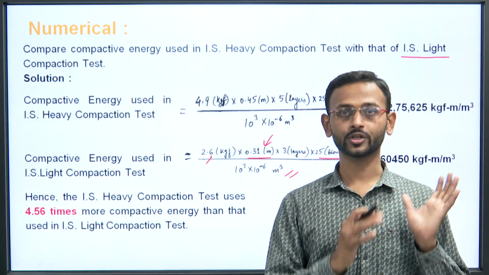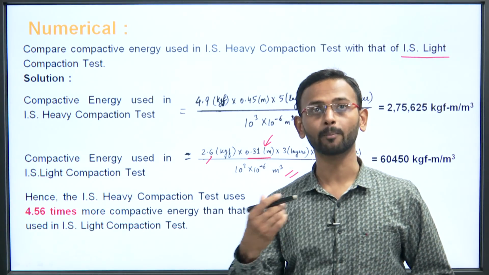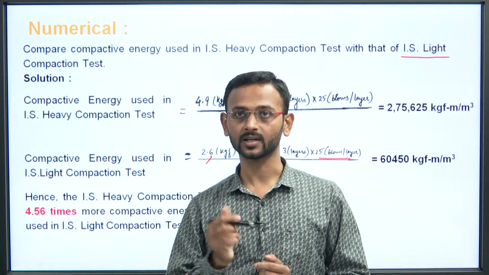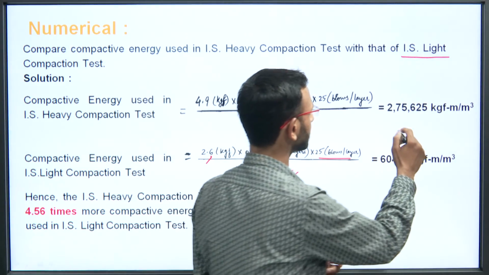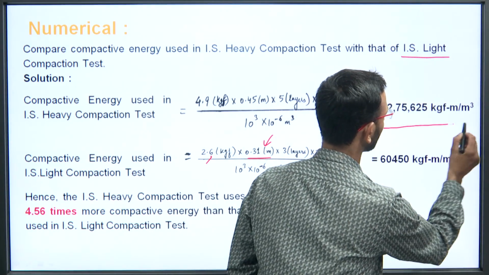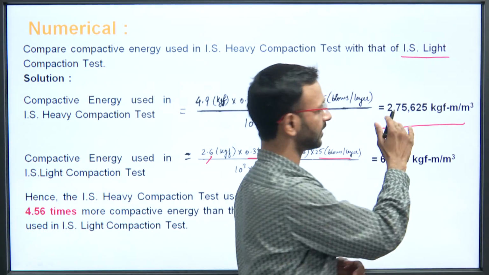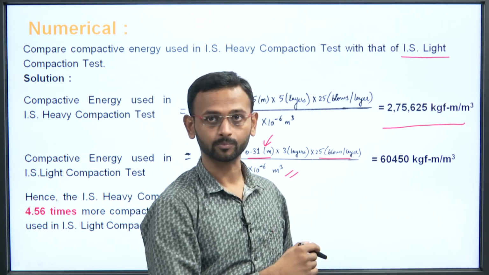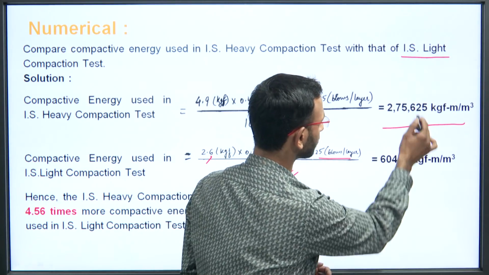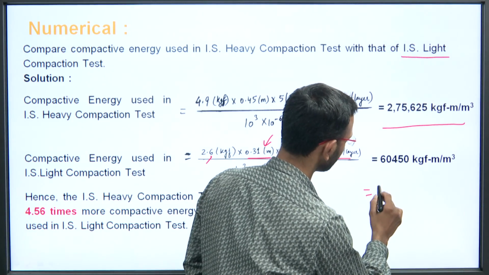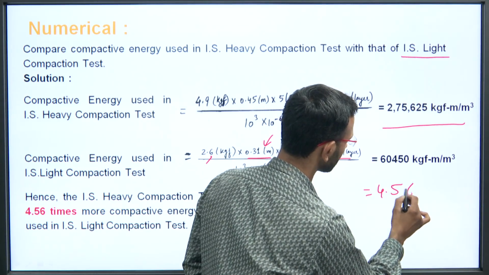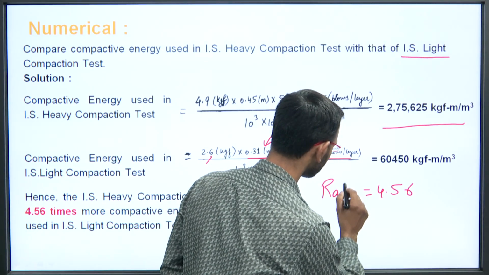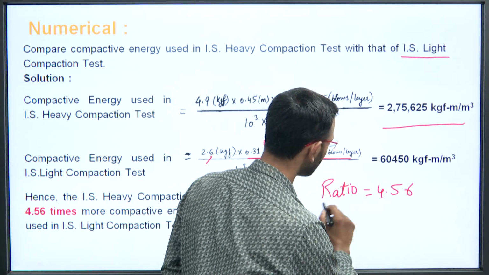Now what is the question? You have to compare the compactive energy used in the IS heavy compaction test with that of the IS light compaction test. The compactive energy for this is 2,75,000 something, and for this is 60,450. When you take the ratio, it comes out to be 4.56.